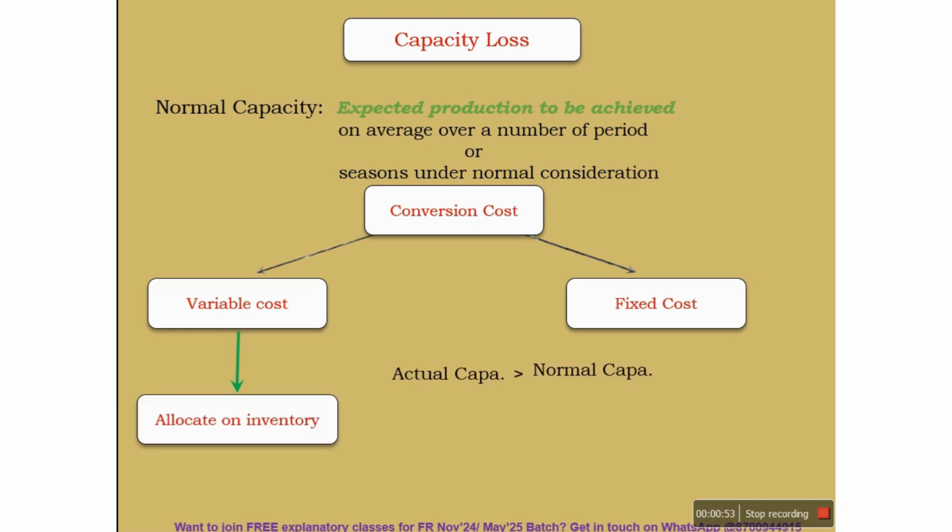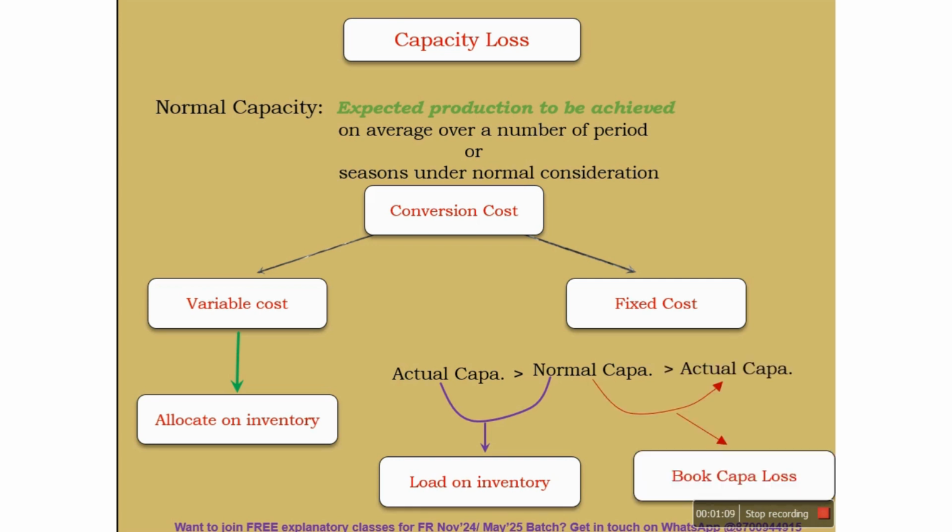If the actual capacity is greater than the normal capacity, that is, there is an overutilization of the capacity of an entity, in that case all the fixed conversion cost will be allocated to the inventory. But in reverse case, where the normal capacity is greater than the actual capacity, we need to book capacity loss for underutilized capacity.